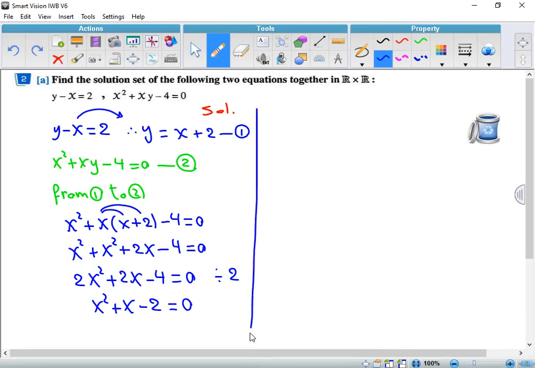Factorize this equation, x power 2 plus x minus 2. This is 3 terms, like you see, x and x, 2 and 1. The last sign is negative, so we take the difference, and the bigger one goes with the middle sign.